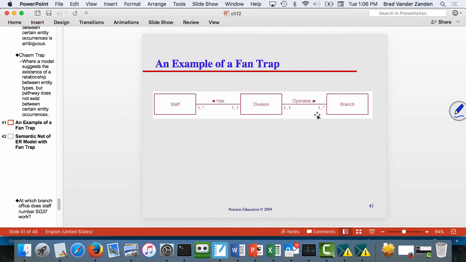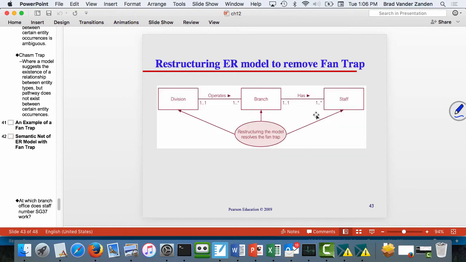So the relationship that we really want is that a division operates branches and branches in turn employ staff. So now we have a nice way to get from staff to branch, and we can still find out which division the staff member works in by going through its branch relation.